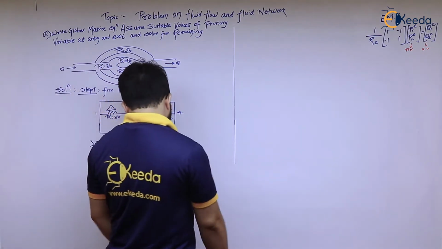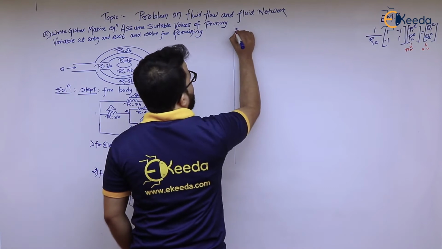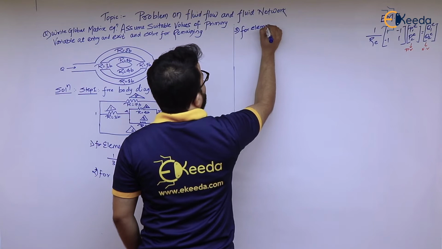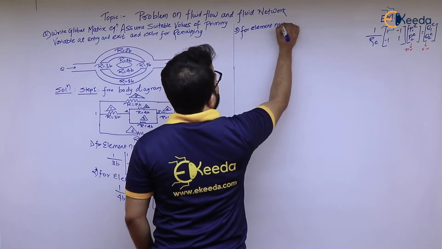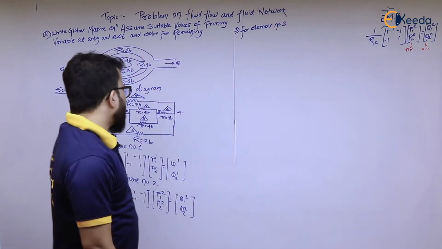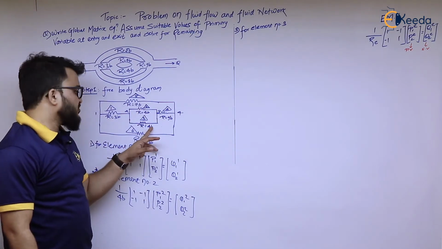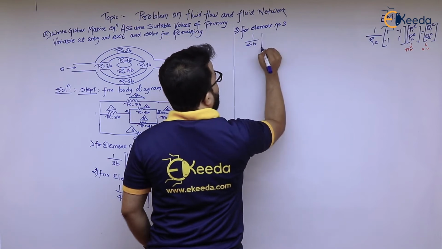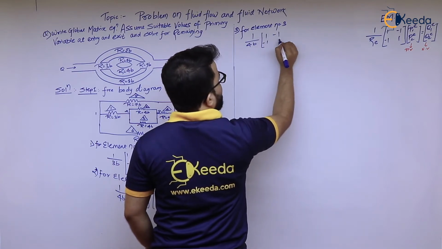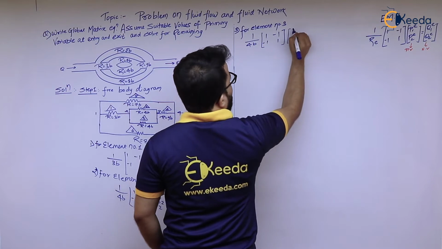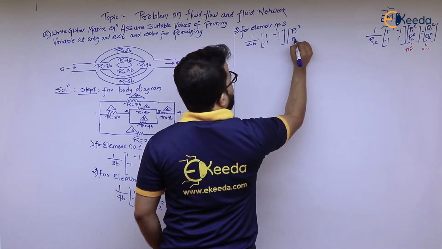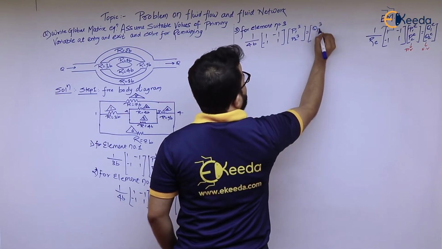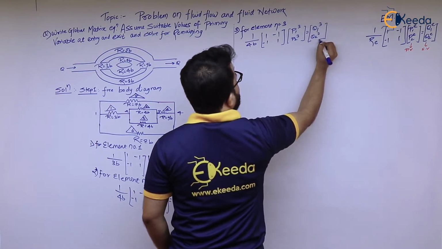Similarly for element number 3, R is 4B, so 1 upon 4B [1 -1; -1 1] into P1 3, P2 3 equals Q1 3, Q2 3.